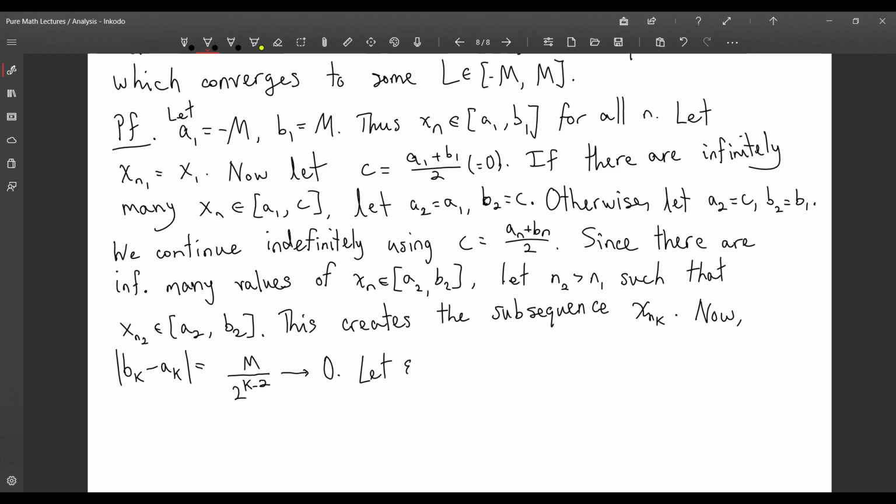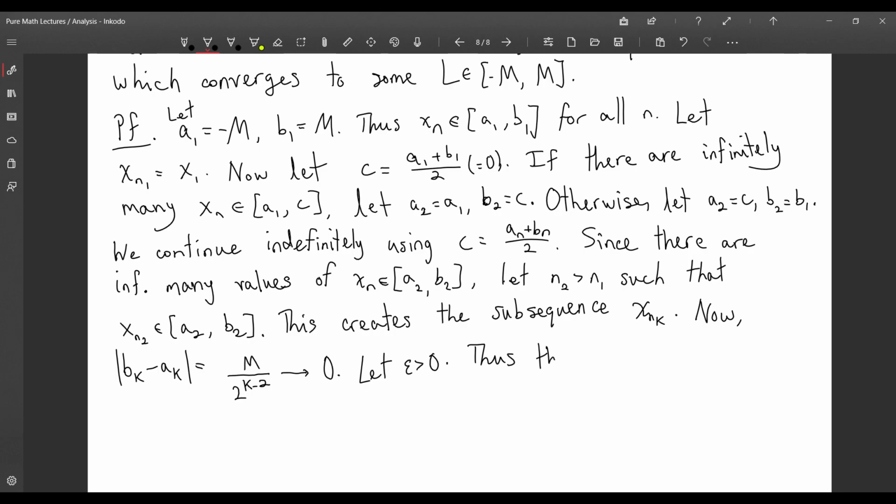Now let epsilon be greater than 0. We are going to use the epsilon-N definition of the limit.